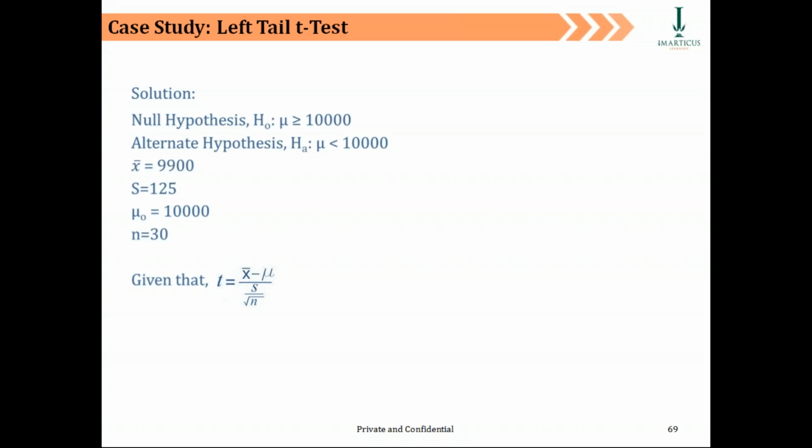What was written in the PPT was not wrong, but I didn't want you to get confused. Here a sample mean is given, which is 9900. Standard deviation is given, and mu naught is given, that is the mean which we are testing, and the sample size is given. We simply need to put it in this formula.